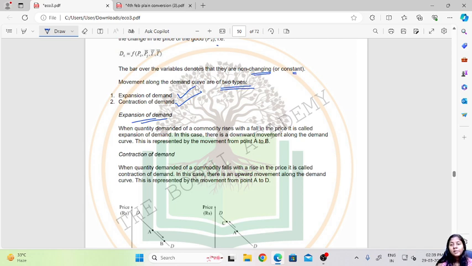This point is important: when the price falls, quantity demanded rises. In this case, there is a downward movement along the demand curve, represented by the movement from A to B.